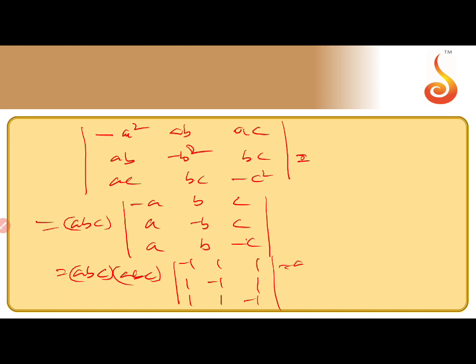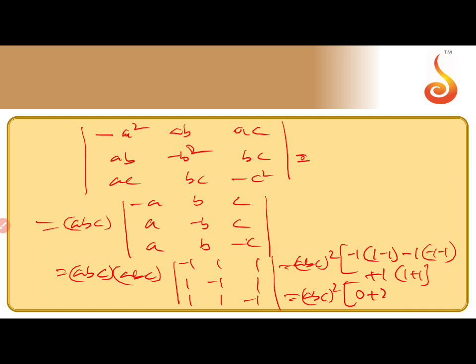So that means abc whole square into the value of the determinant. Here minus 1 into 1 minus 1, next minus 1 into minus 1 minus 1, plus 1 into 1 plus 1. So abc whole square times 0 plus 2 plus 2, that means 4 abc whole square.